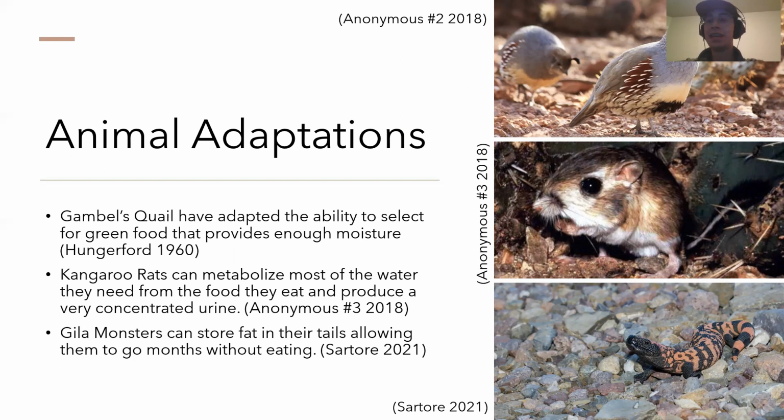And then finally, I looked into Gila monsters, which are these little lizards down here on the bottom, which are kind of interesting. They're the only native venomous reptile in North America, and their adaptation is that they can store fat in their tails. As you can see here, they've got a fat tail, which stores a lot of fat, and this allows them to go months without eating.